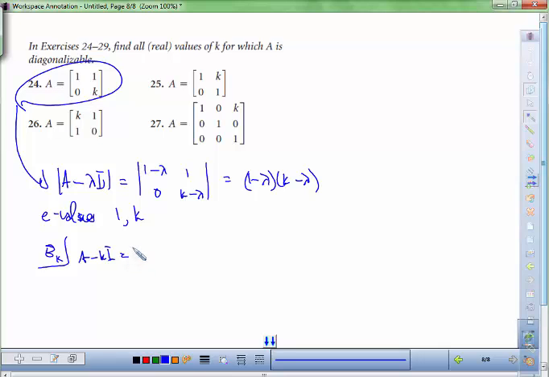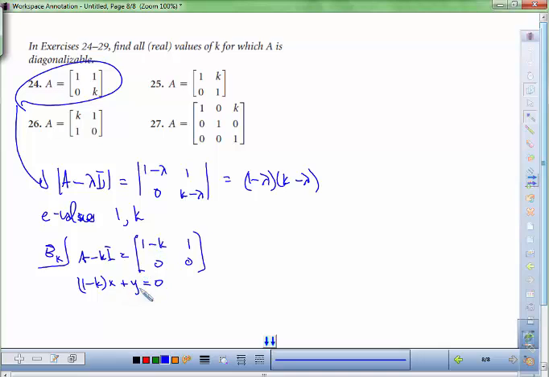Okay, so we're finding the null space of this matrix. You've got 1 minus k, 1, 0, and k minus k. So we have the relationship (1 minus k) times x plus y is equal to 0.